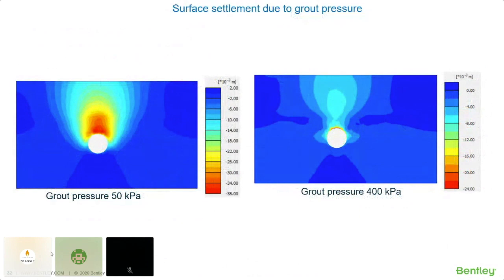Similar to face pressure, the magnitude of grout pressure also affects the surface settlement. If the grout pressure is too low, that can result in more surface settlement as compared to when you have a very high grout pressure.